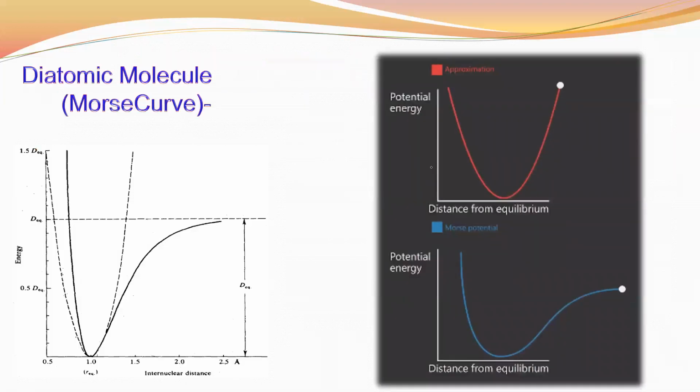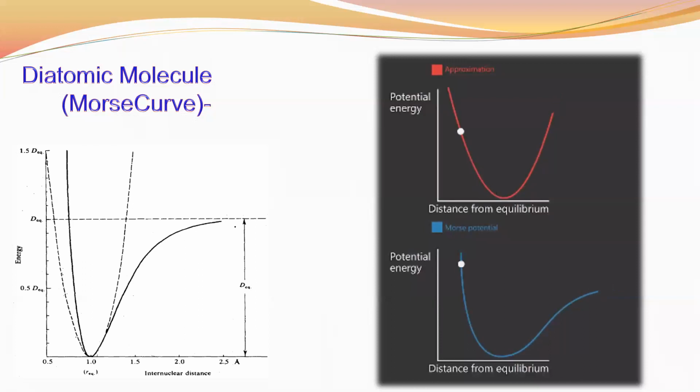So look at these two figures. The red one is the approximated curve of the diatomic molecule, but the blue one is the actual curve. Then this energy is the dissociation energy.